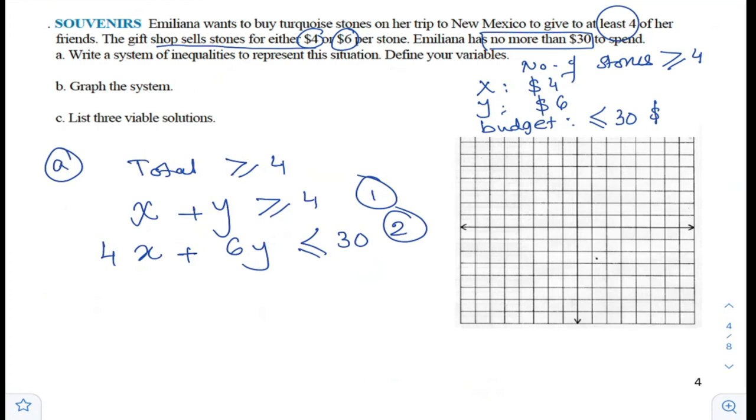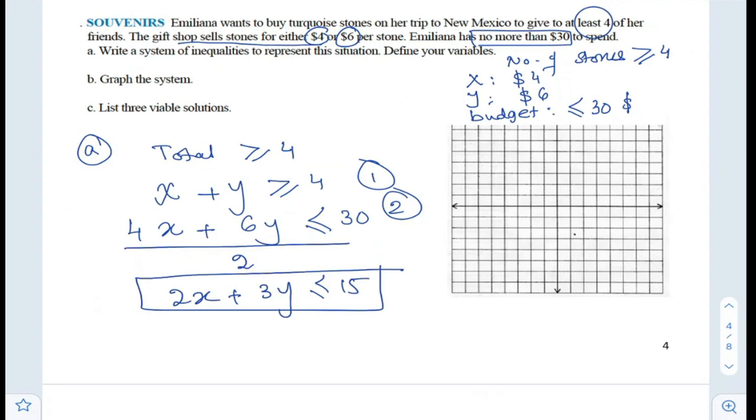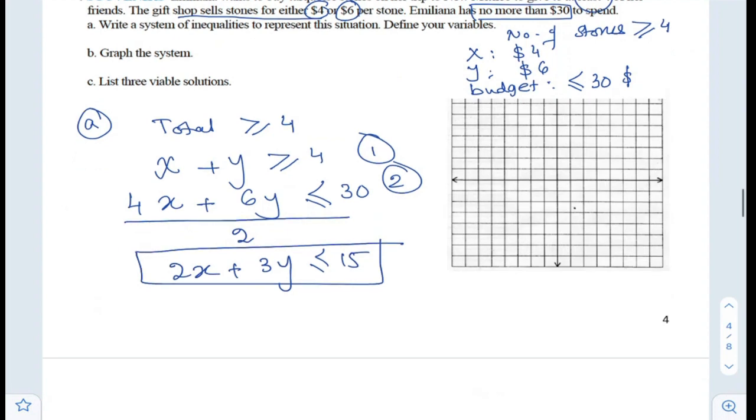And when you decide to graph, it is better to simplify this by dividing by 2. If you divide this by 2, it will be 2x plus 3y less than or equal to 15. And let's graph now. The first inequality, we can graph the way you like, but we can use the x-intercept, y-intercept method. Assuming x is 0, then y is 4.